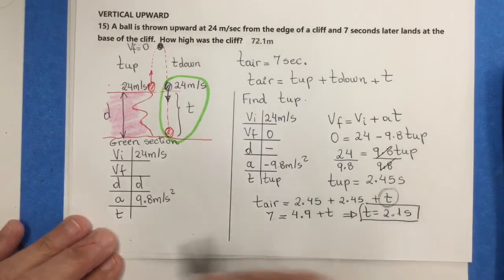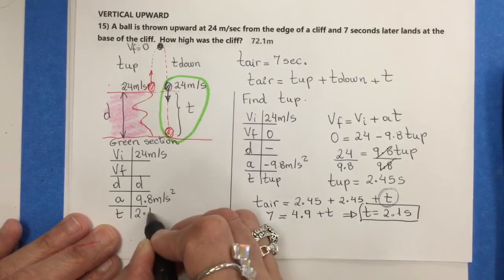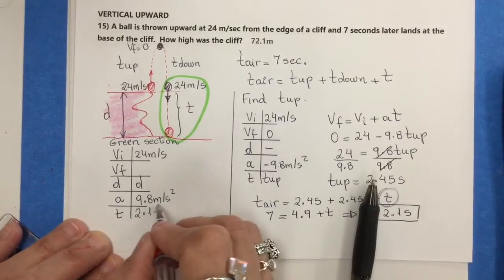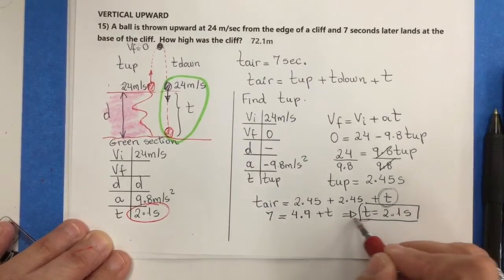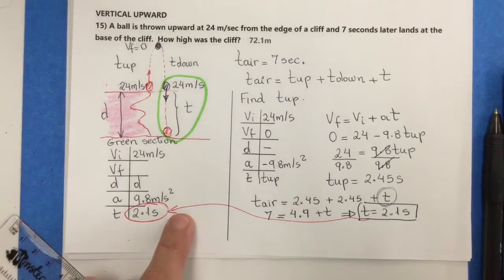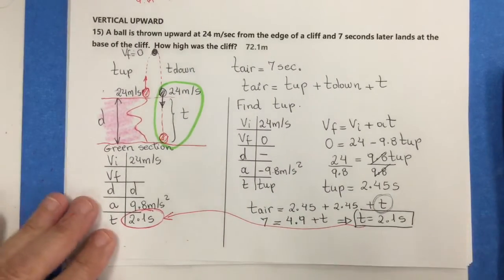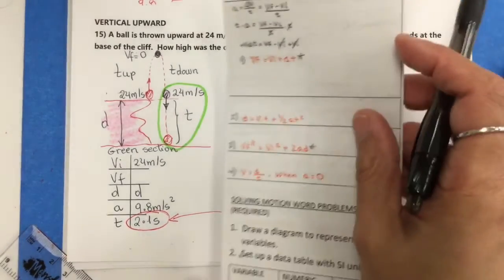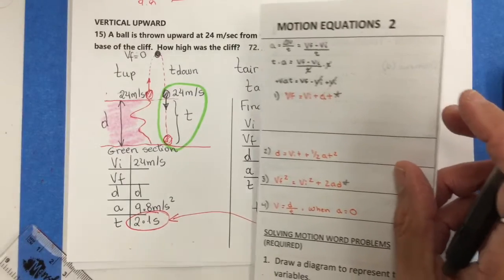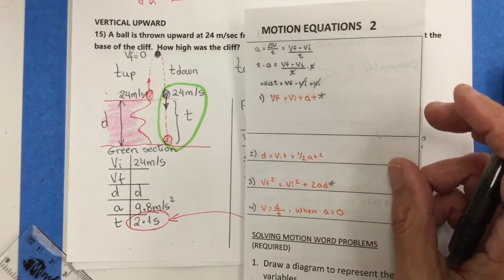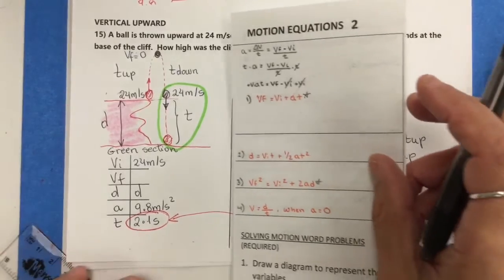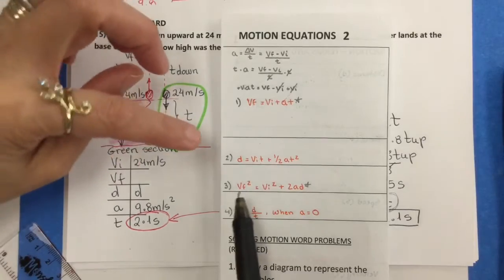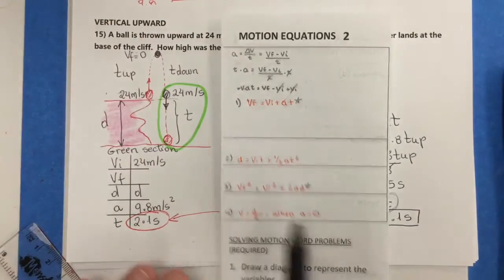So this information needs to be moved right here. So these need to come to this section. So now that we have all this, we need again to find which equation we can apply to find the height of this cliff. We discussed this before, so we probably are gonna use this one, the second equation.